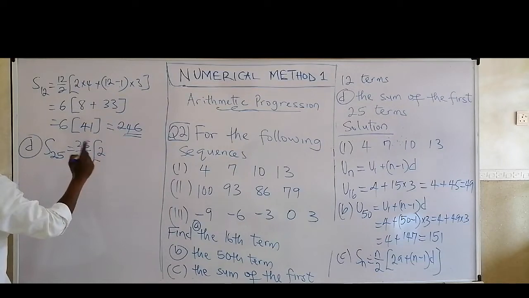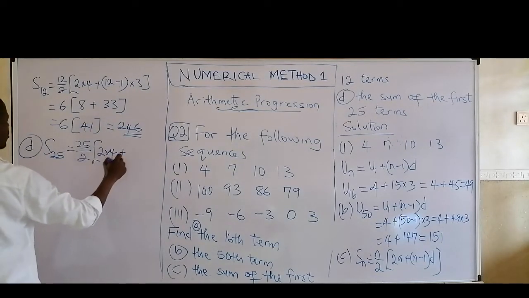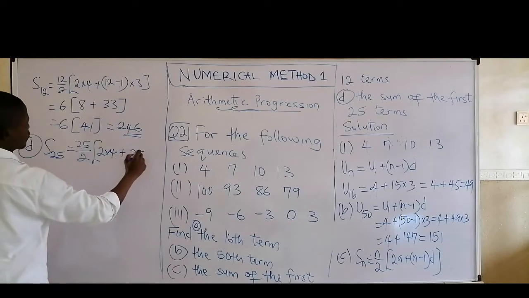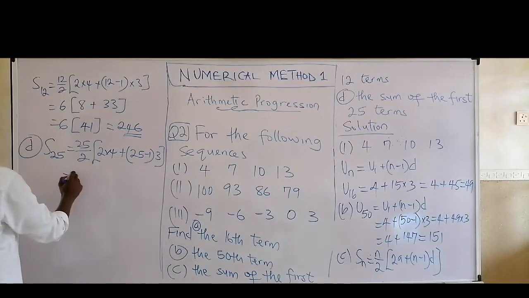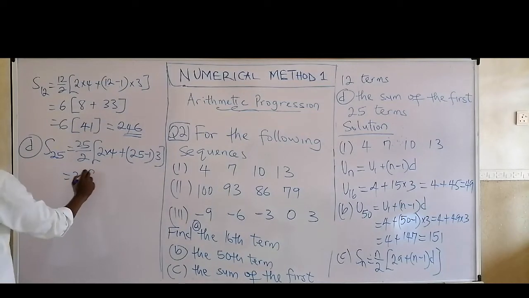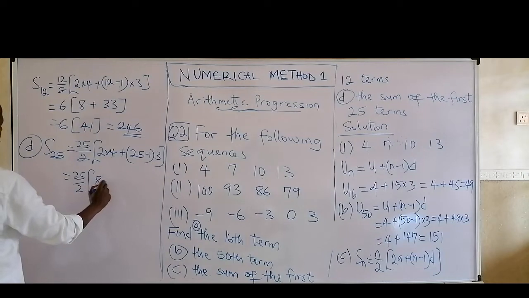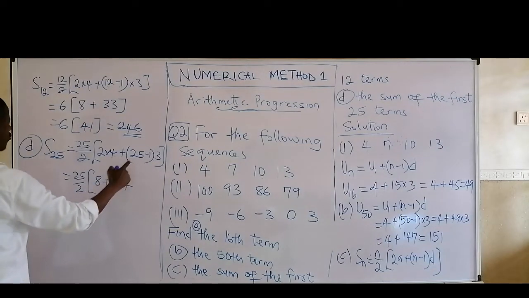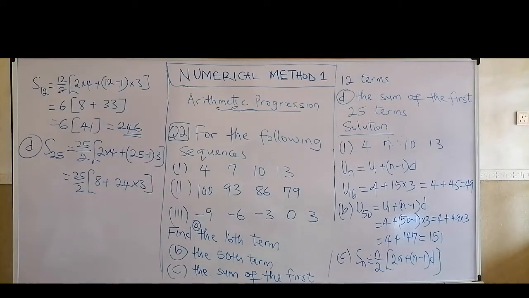My a is 4, then plus 25 minus 1, and then times 3. That will be 25 over 2 into brackets 2 times 4, that's 8, plus 24, 25 minus 1, times 3. And you can use a calculator.